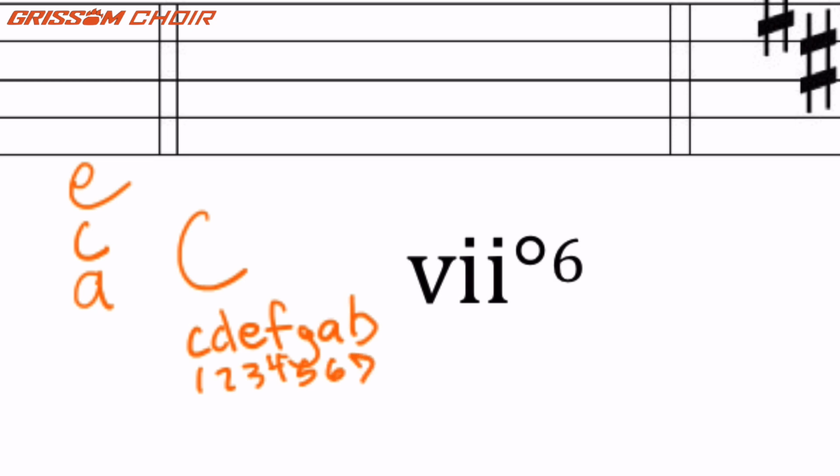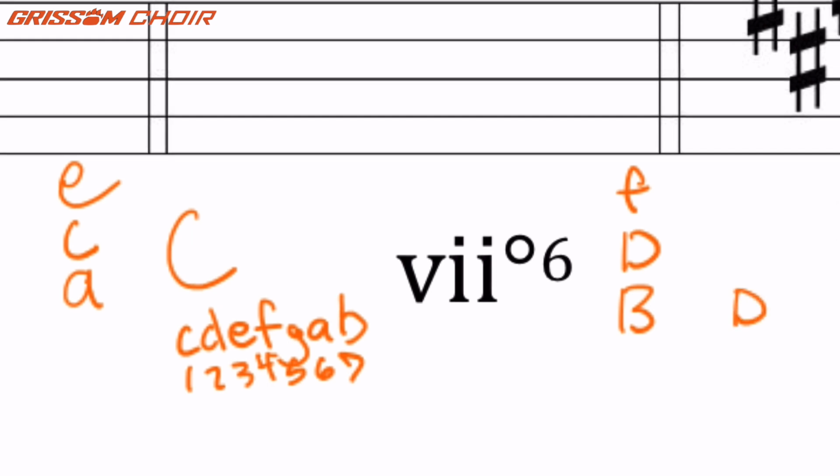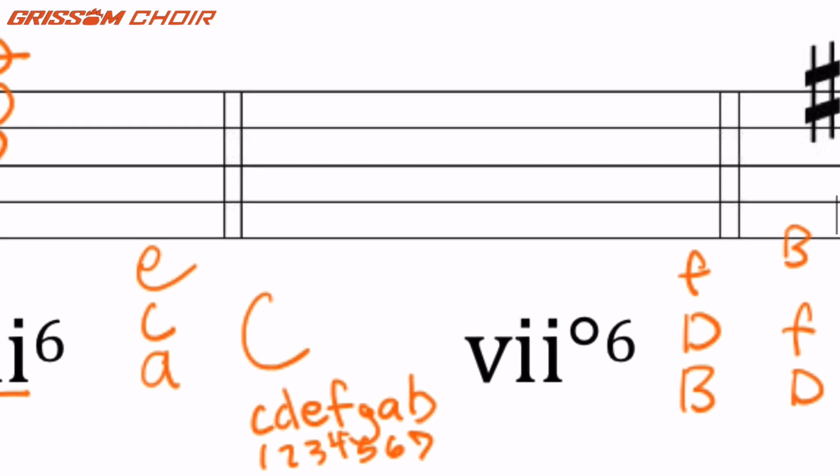So we would draw the triad based on B. That would be B, D, and F. We're looking for the first inversion, meaning the middle note of the chord is on the bottom. So then that would be D, F, and then B up top.